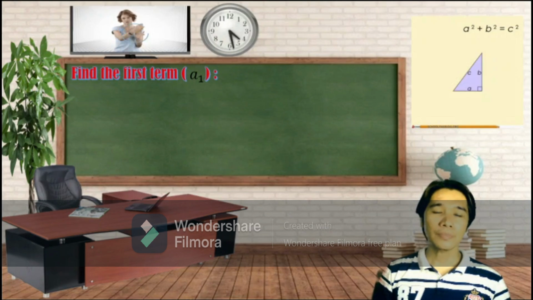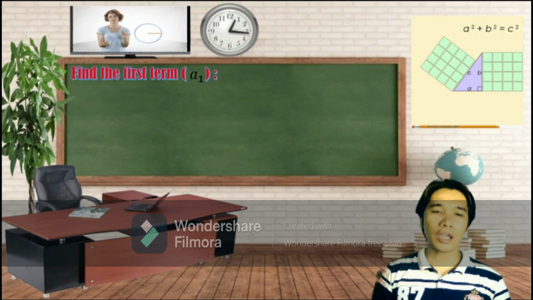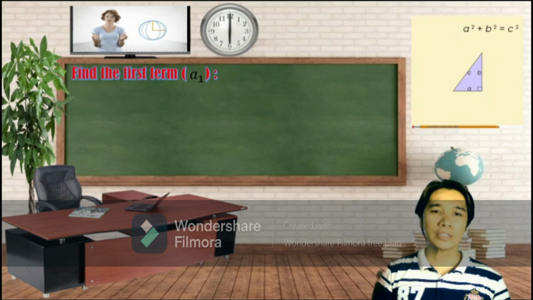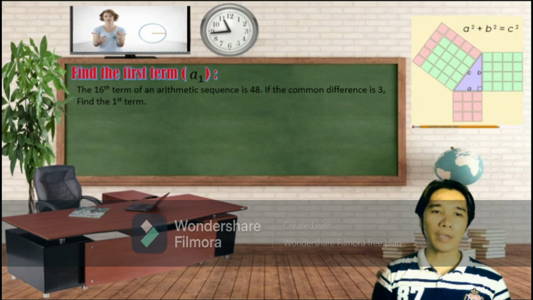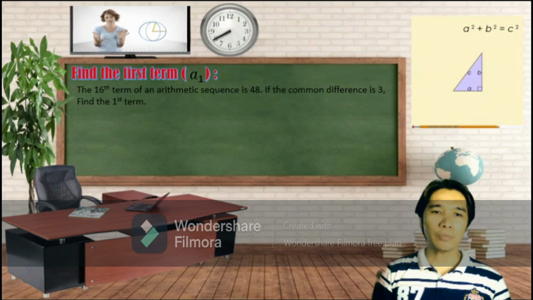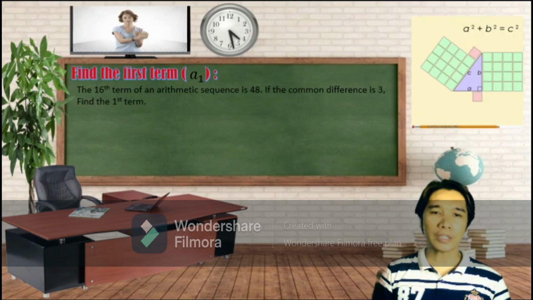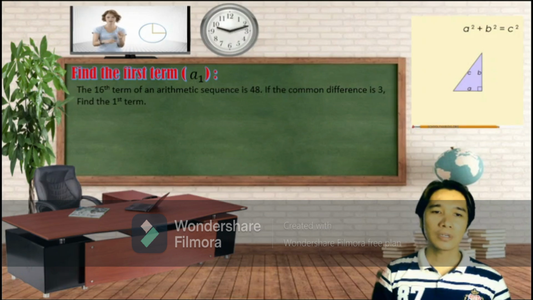Okay? For this time, we are going to try to look for the value of the first term, or the a sub 1. We have here a problem. The 16th term of an arithmetic sequence is 48. If the common difference is 3, find the first term.